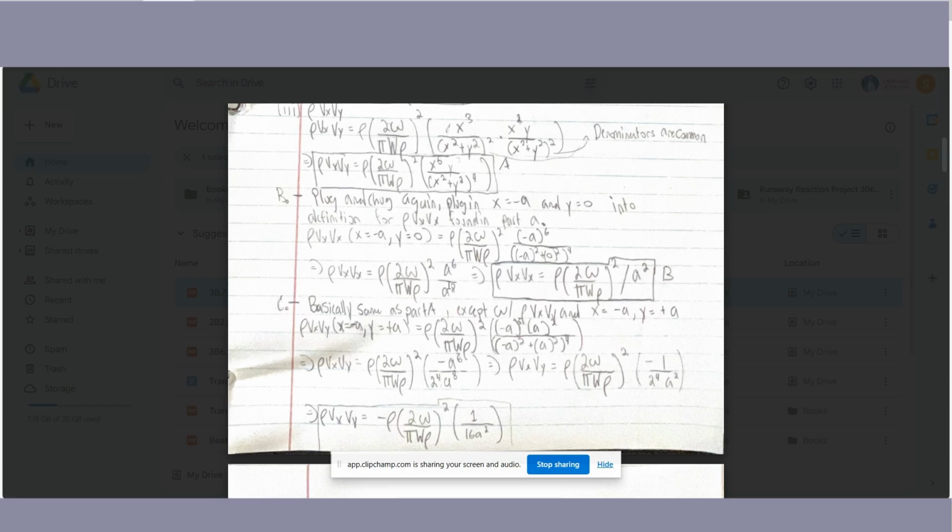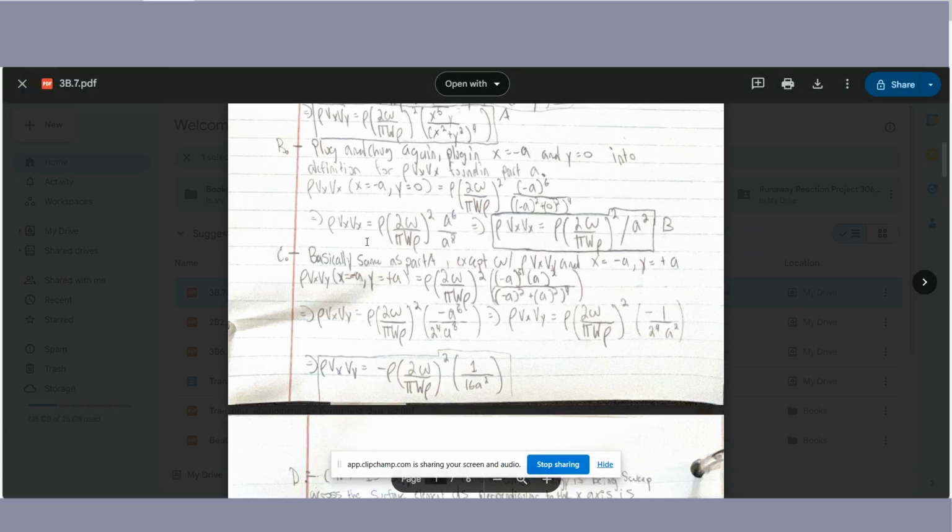It simplifies to a to the 6 over a to the 8, and that simplifies to 1 divided by a to the 2nd. So that's where you get that equation. Doing the same for x equals negative a, y equals positive a. Again, plug them in, same thing as last time. You get negative 1 divided by, no, it's 16.